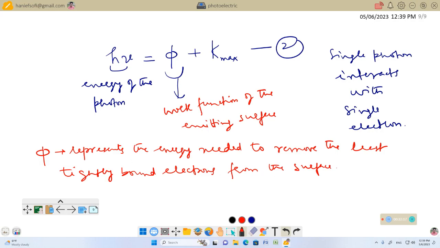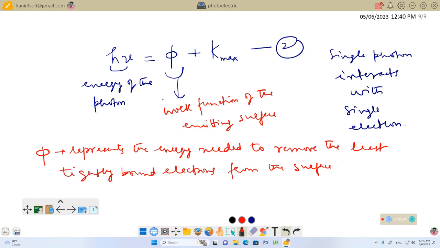So, according to this equation, Einstein's photoelectric equation, the photon energy is used up in two parts. Firstly, part of this energy, which is called the work function, which we defined as the energy needed to remove the least tightly bound electron. More tightly bound electrons require a larger energy than work function.